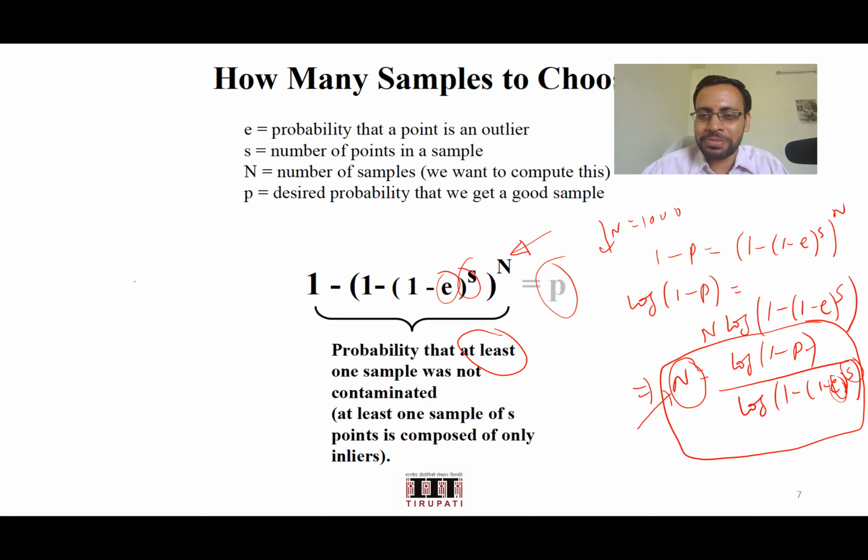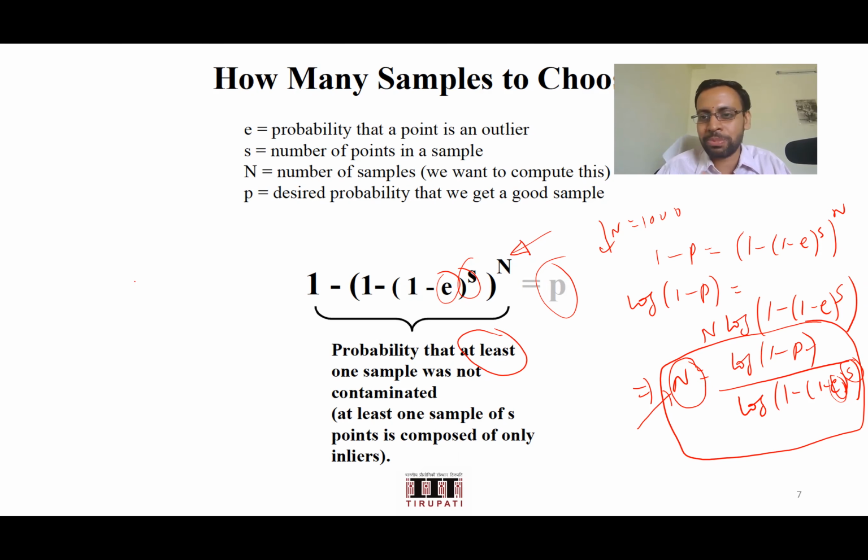But then it perfectly makes sense, because however big the number of points might be, in terms of proportion it has the same percentage of outliers in both cases. So given that constraint, the number of times you need to repeat the experiment would remain the same unless the probability changes.